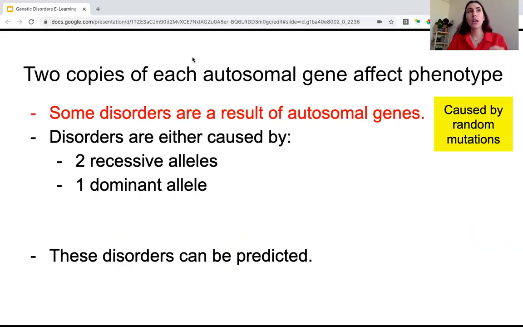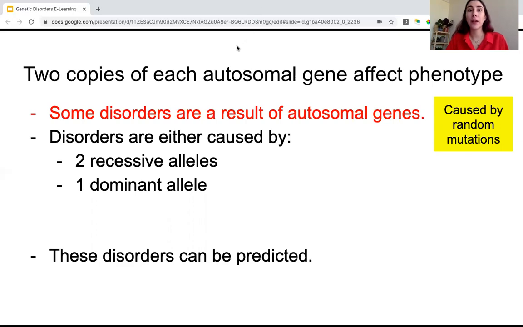Sometimes, however, these autosomal genes end up getting a random mutation. So during development, these autosomal genes might end up with a random mutation, and this will cause autosomal gene disorders, diseases that are caused by mutations and changes to the genes that are found on autosomal chromosomes.